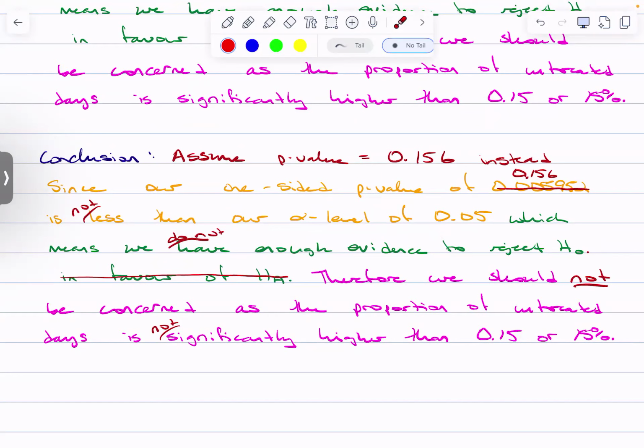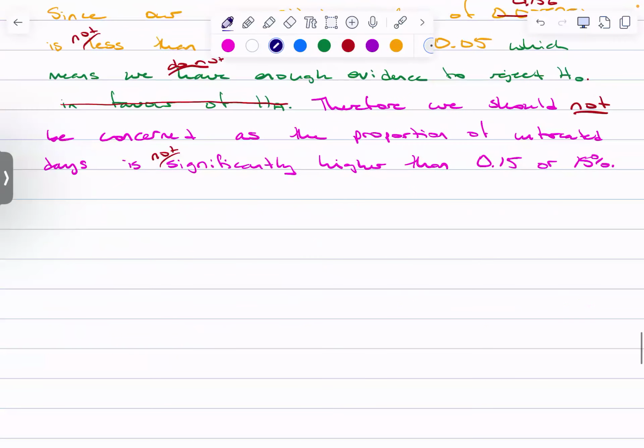Okay. So if it's not 0.15, what would a follow-up question be? Well, okay, so it's greater than 0.15. Well, what is it? Right? And so how bad is it? That's where a confidence interval comes in.